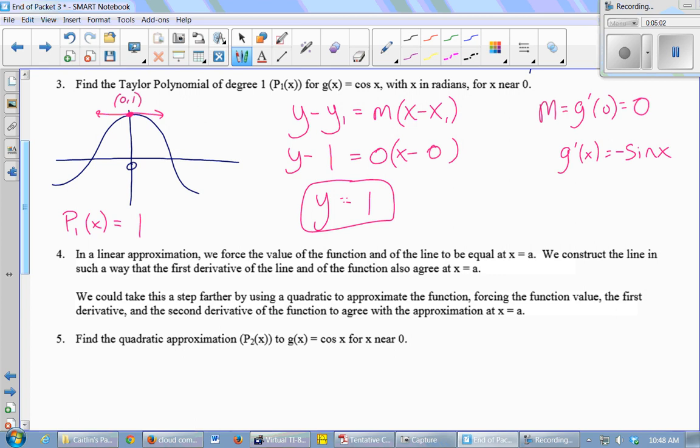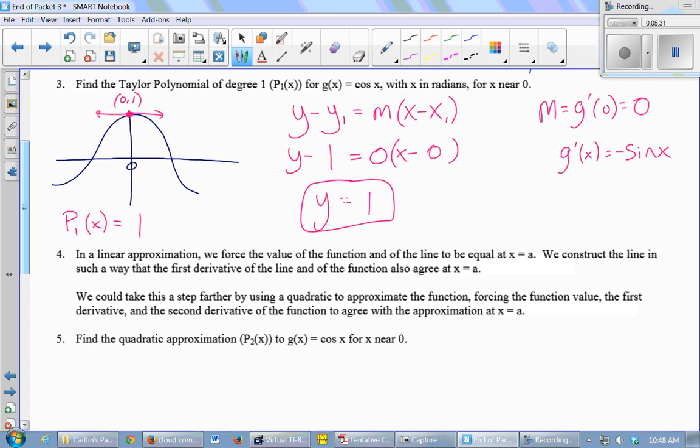Okay. We made it so that the function and the line at 0 have the same y value, right? So the function cosine x and this line that I created share the point 0, 1. So their function values agree at 0. And we also made it so that the derivative of the line and the derivative of the function agree at 0, right?